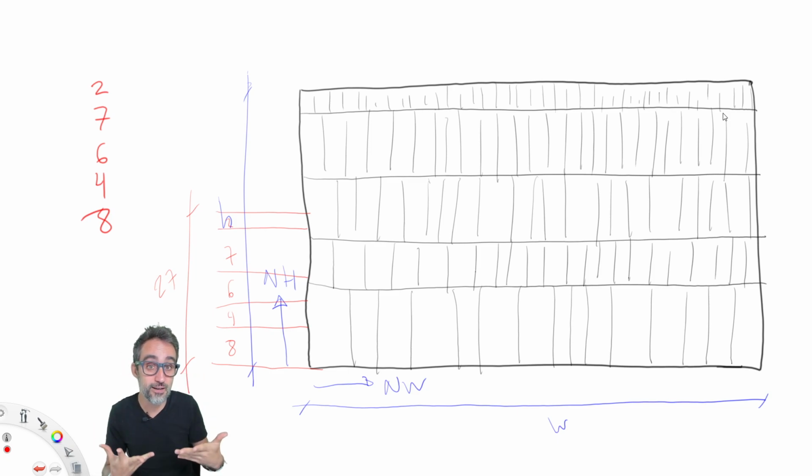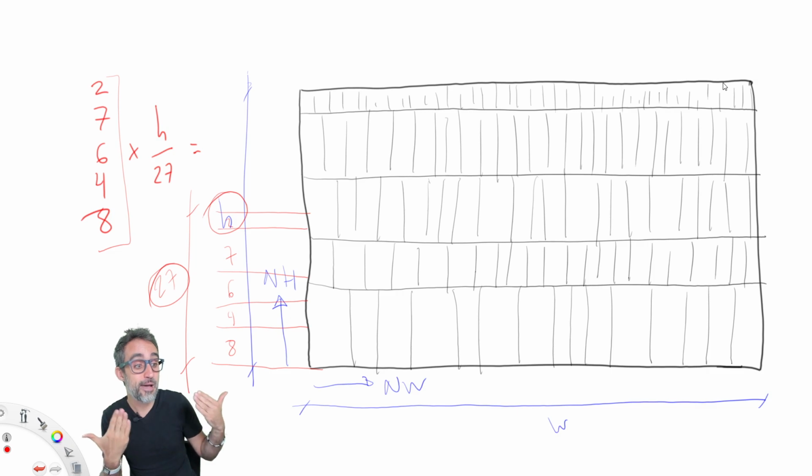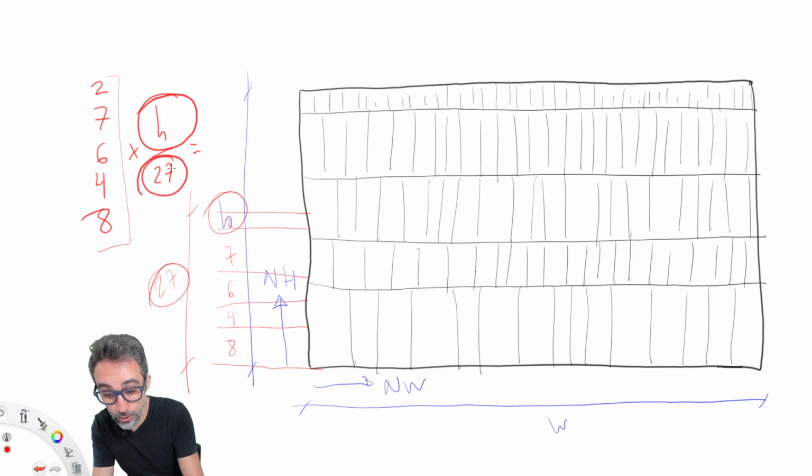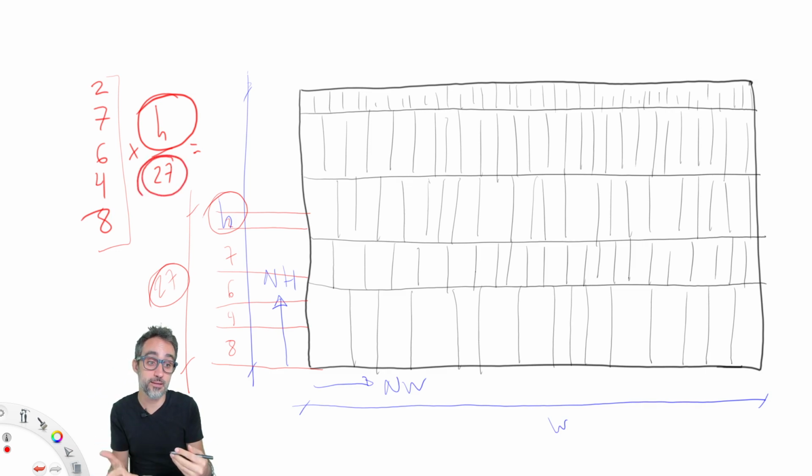And I can find what the proportion of these numbers should be by saying that those numbers should be amplified by a factor equal to the total height of the facade divided by the total height of these random elements that I just got here.